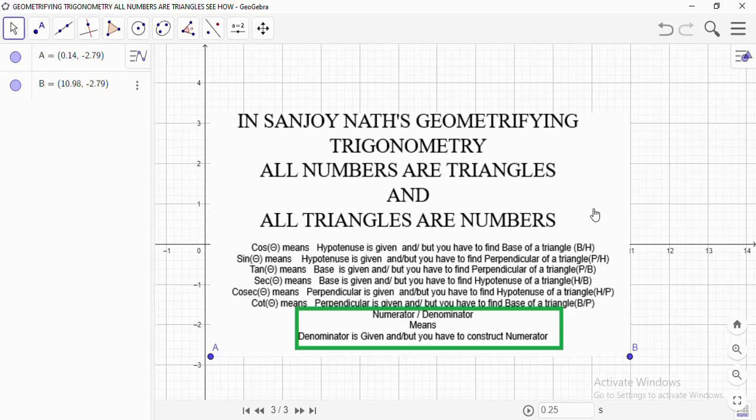Then this numerator is the output. It is consumed as the denominator of the next ratio. So the next ratio is also a triangle which is aligned and scaled to fit with the output line. In this way we can continue any chained multiplication of different ratios: n1 divided by d1, into n2 divided by d2, into n3 divided by d3.